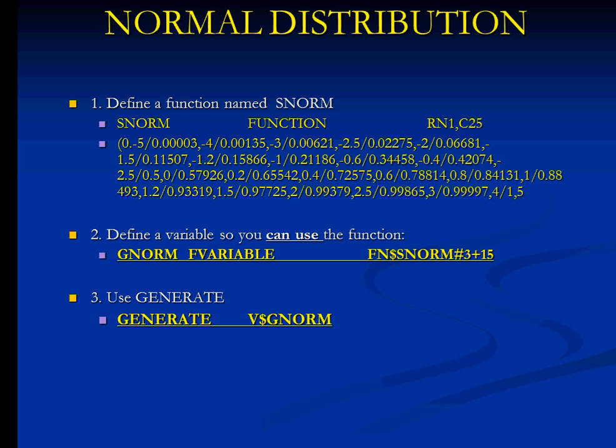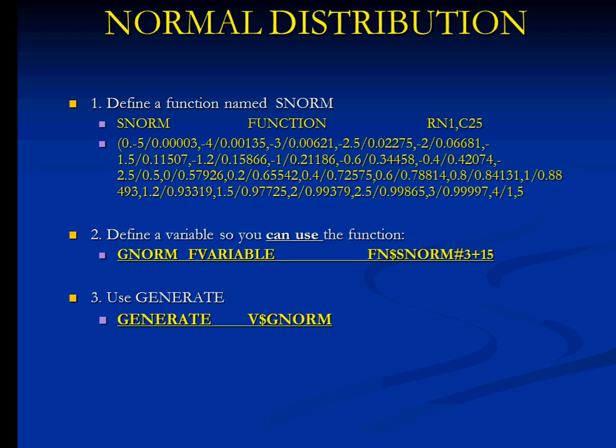This is, as we already said, that for each calculation we are going to have one variable, and it's also continuous, and this time we have a definition of 25 data pairs. To use a normal distribution, we need a variable. We need first to name it. In this case, we name it GNORM. We define that it's a variable. We can use FVARIABLE or just VARIABLE without the F.